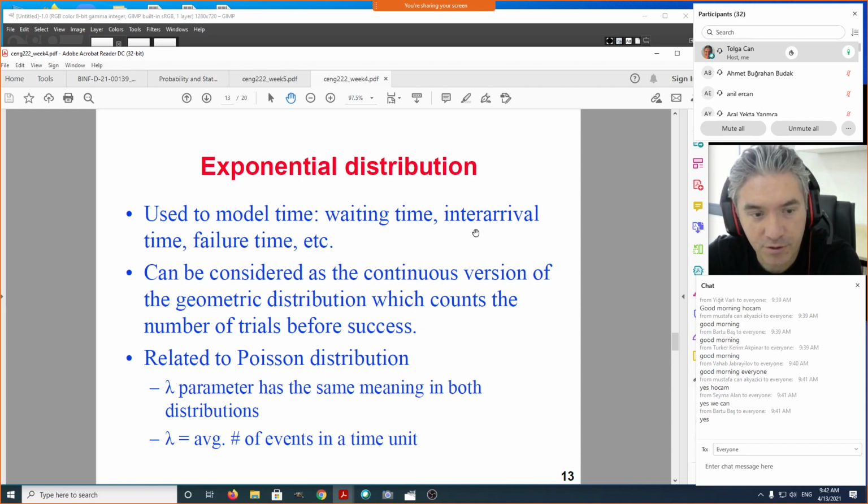And exponential distribution, we started talking about it. It's about waiting times. And here it has the same parameter. The lambda parameter is the same as the one in the Poisson distribution, where it shows the average number of events that occur in a fixed time interval. For example, number of accidents in a day in Ankara, I gave this example.